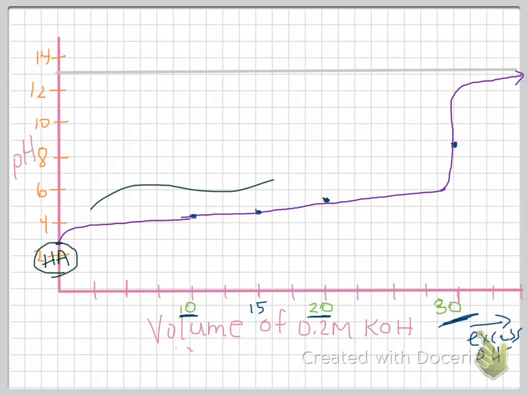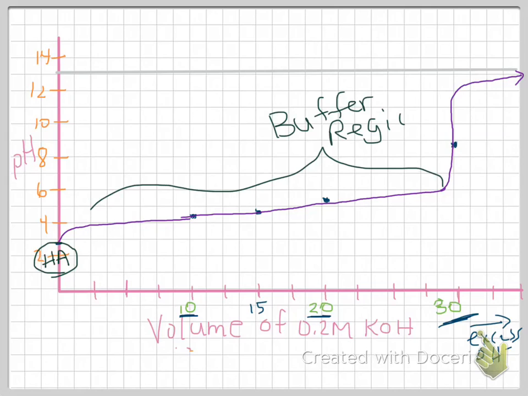Between here and here, you're going to have the buffer region. And in the buffer region, you're going to have not exactly equal, but similar amounts of HA and A minus. That's what makes it a buffer. And it's very important within this region that you star the halfway point to the equivalence point.